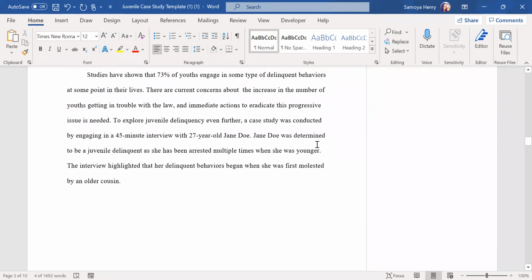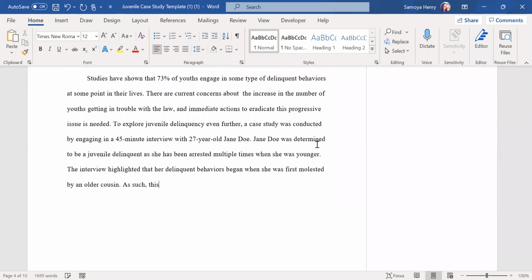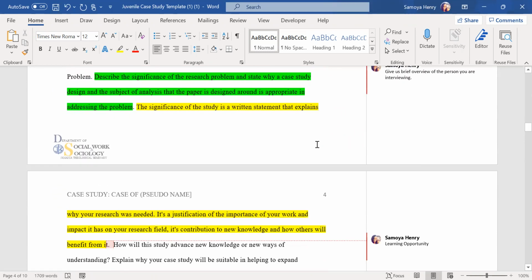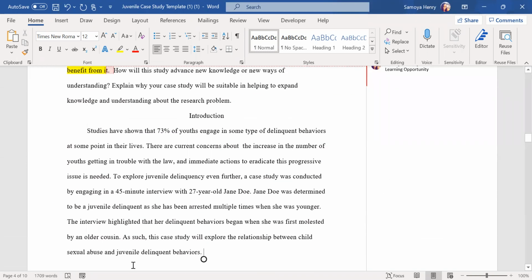So you can say, as such, this case study will explore the relationship between child sexual abuse and juvenile delinquent behaviors.